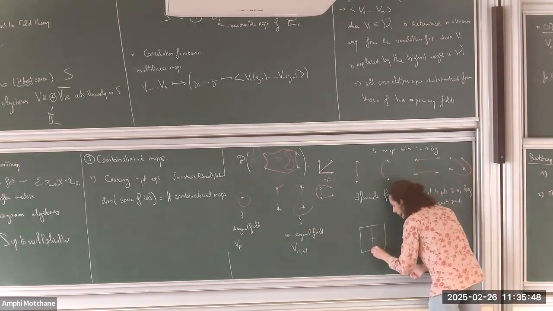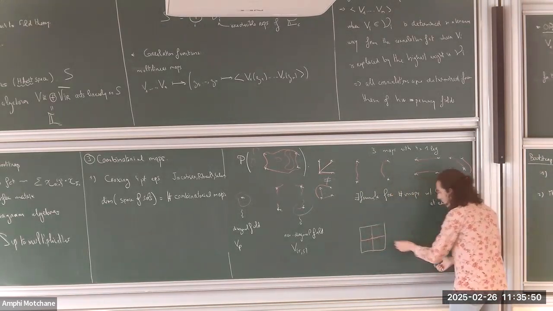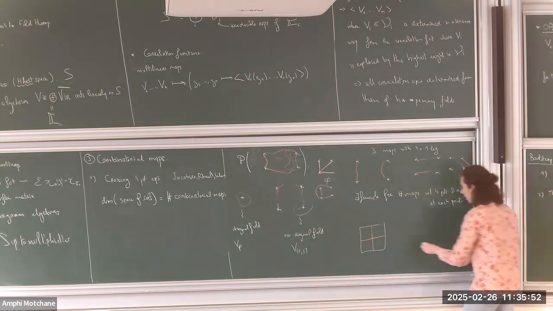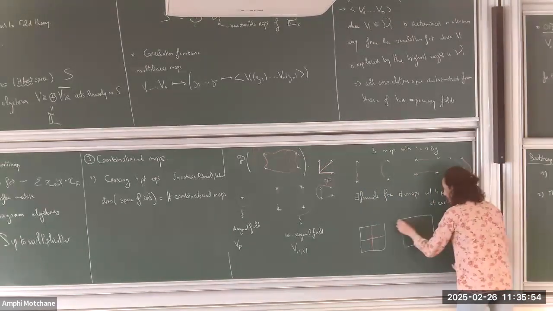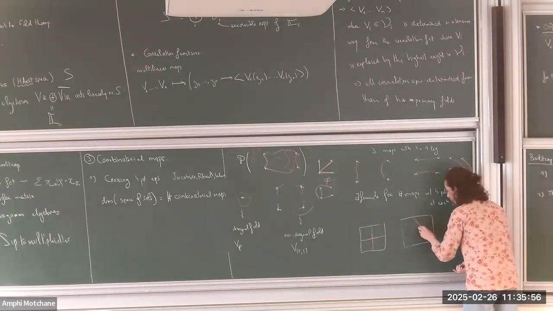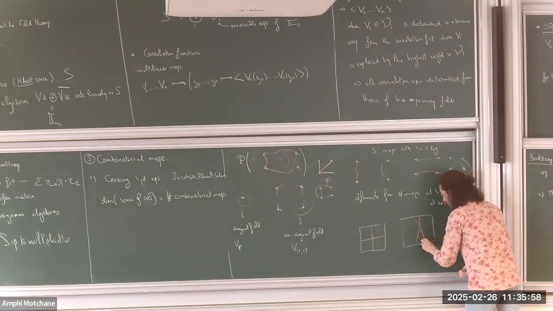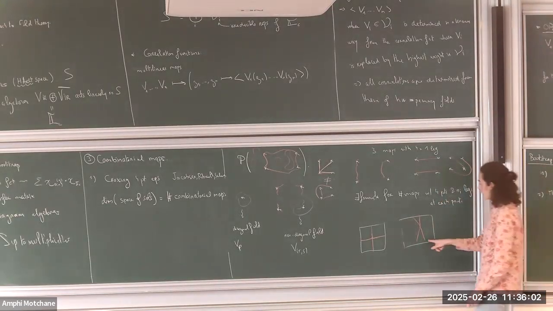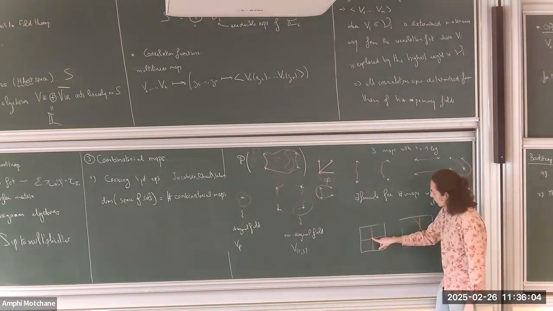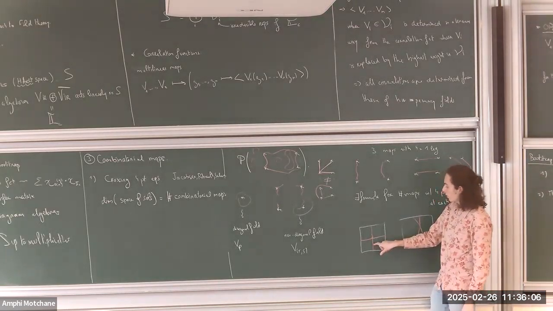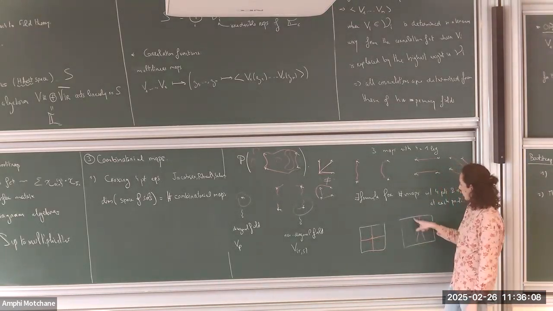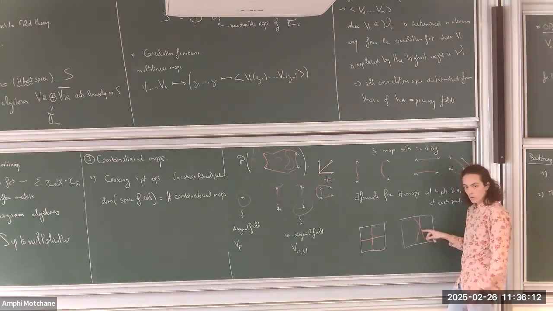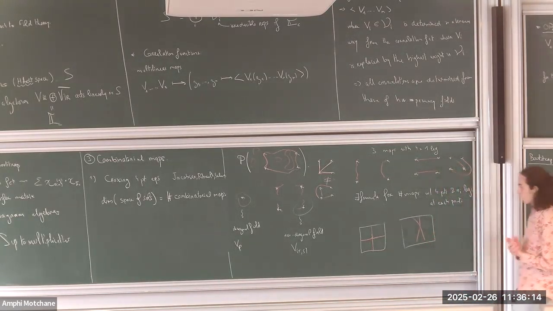Either we have this, or we could have this. These are 2 inequivalent maps, because here leg 1 is connected with 3 and 2 with 4, and here 1 is connected with 2 and 3 with 4. And you cannot make these 2 equivalent by a cyclic reordering.